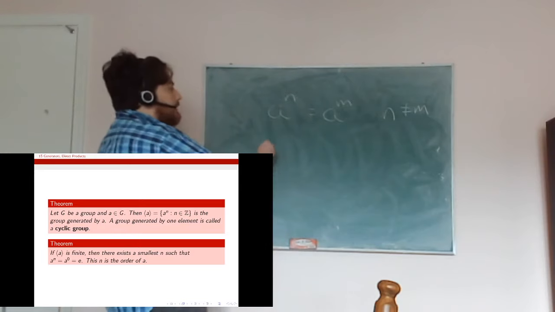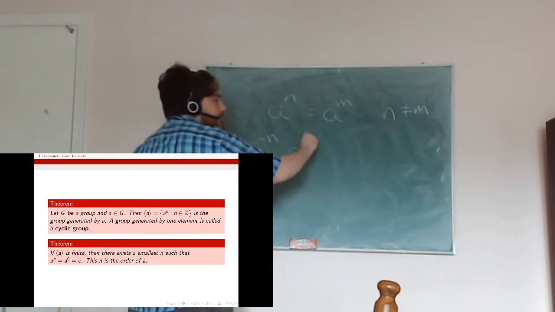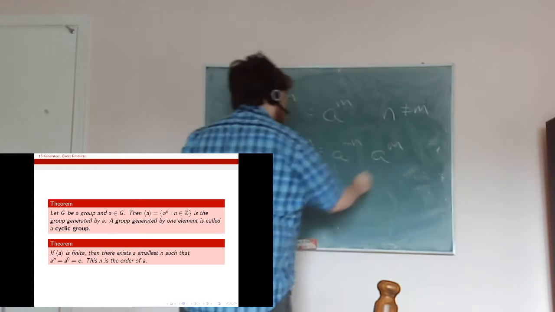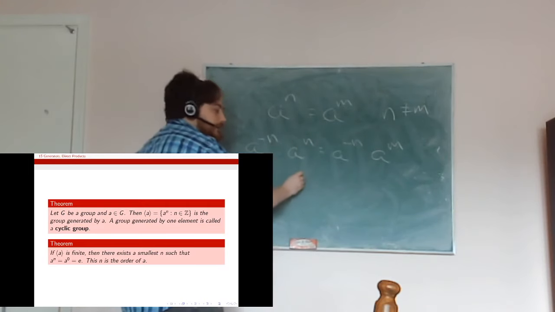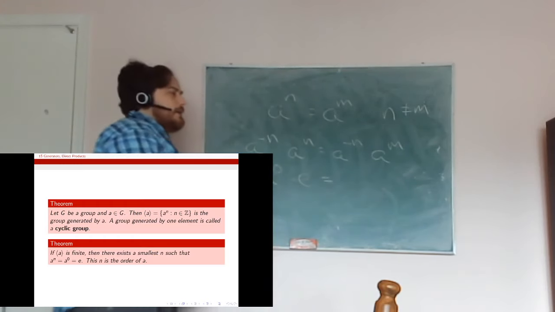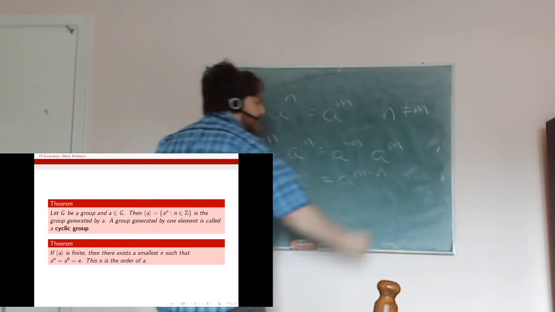Well, what I want to point out is now, if I multiply both sides by a to the negative n, what I get here is a to the negative n times a to the n is just the identity, or a to the 0. And on this side, I get a to the, we'll say, m minus n.